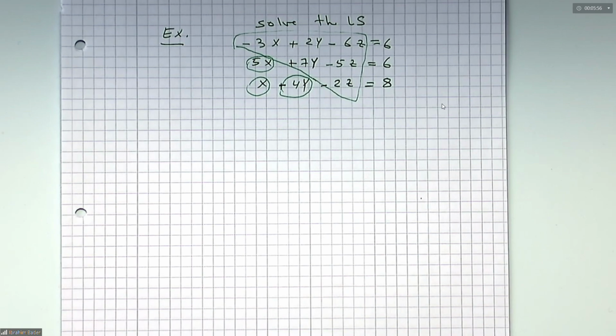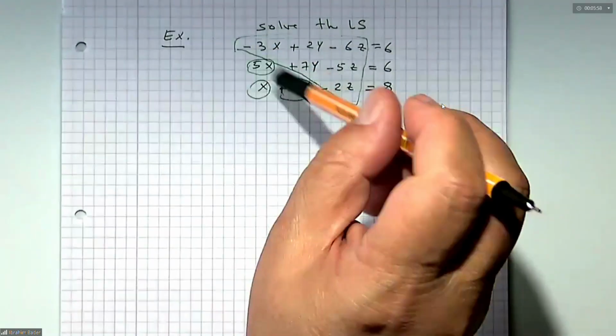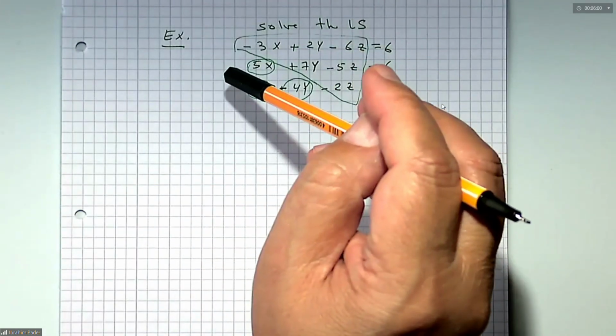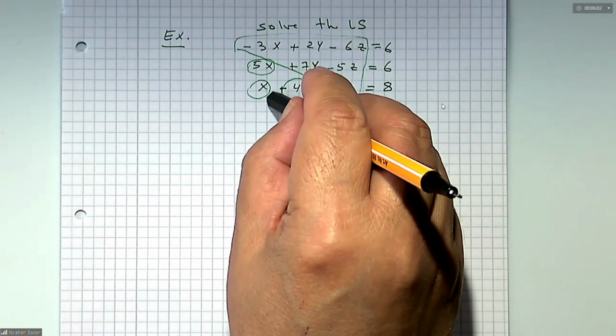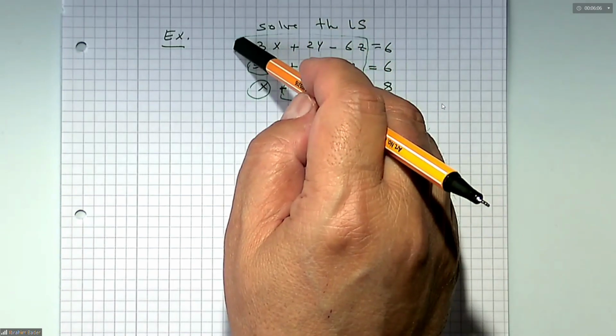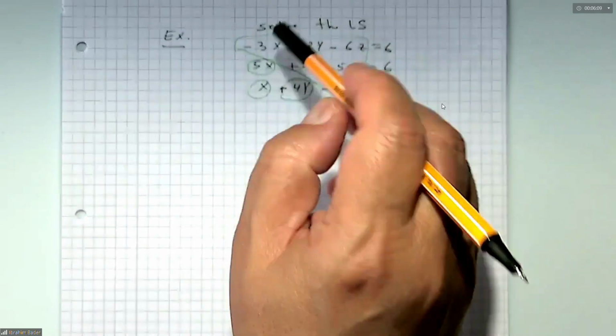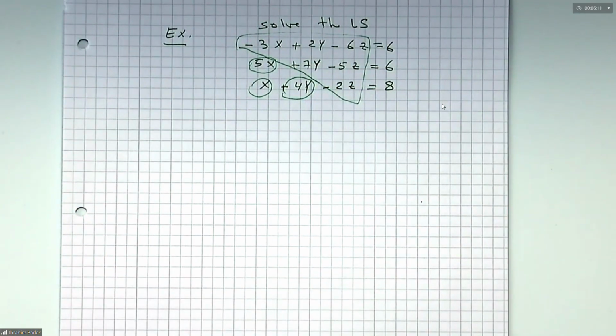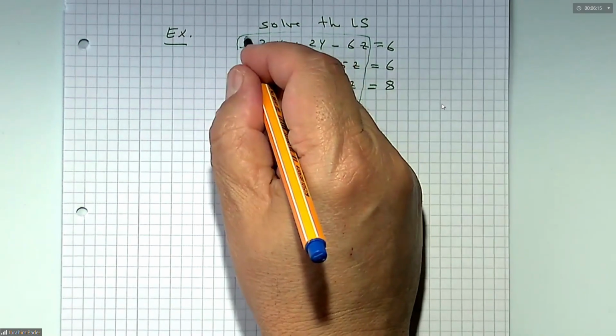Okay, now here don't worry, since we can be swapping the rows and columns. It doesn't matter if we have this one here up or there. At the end we will arrange it. So what I'm going to do, I'm going to eliminate this 3x in the first step.